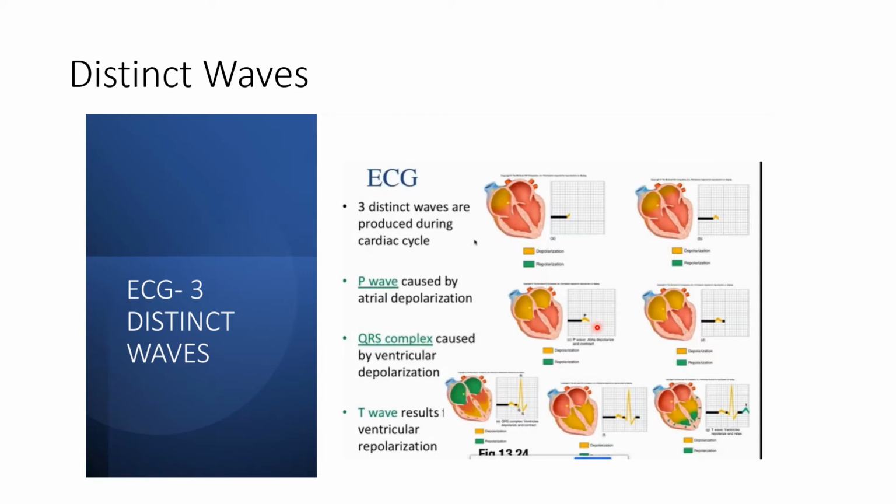So it looks something like about 1.5 there. If you have your glasses, you can see that, or your magnifying glass. So your P wave is caused by your atrial depolarization, your contraction. And it's not as strong a contraction. It's very small compared to the ventricles.